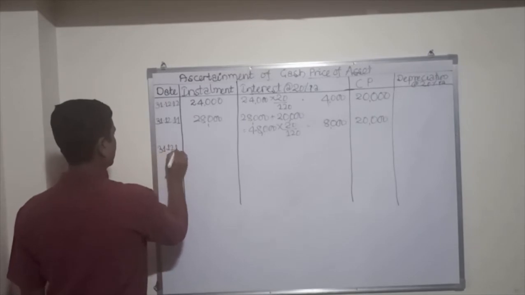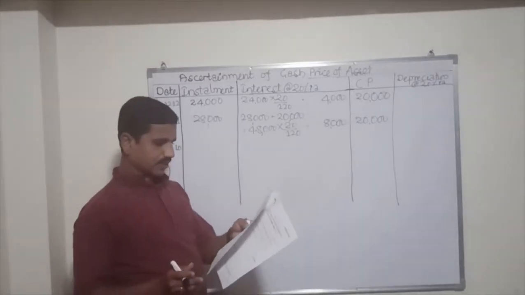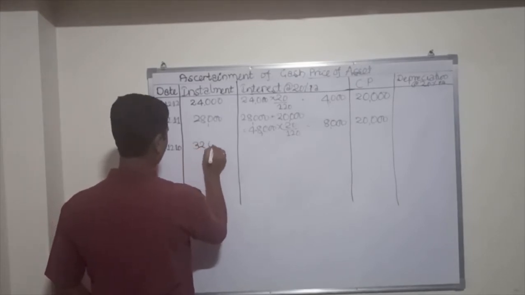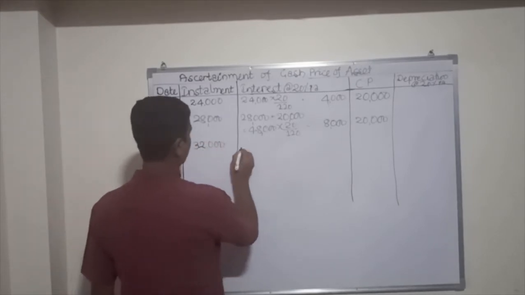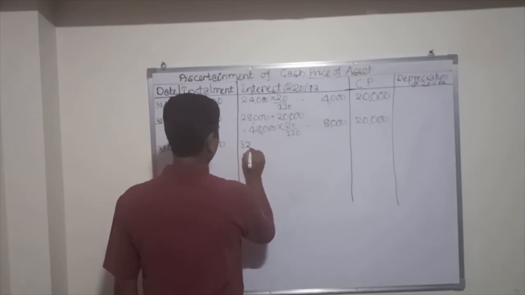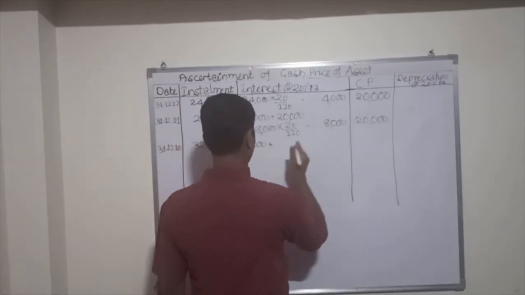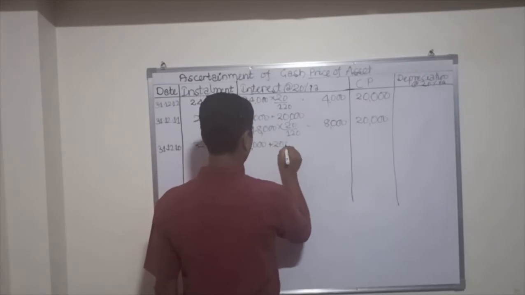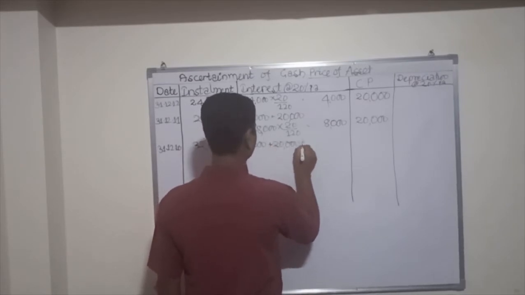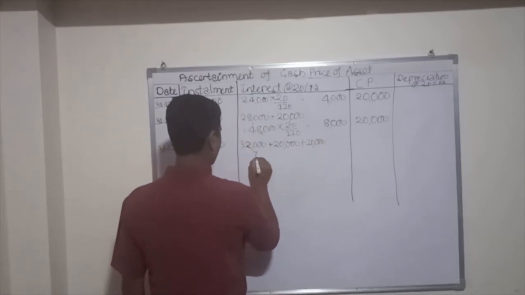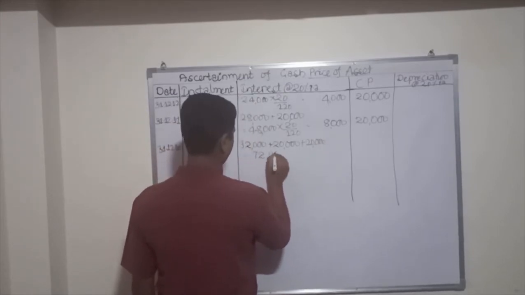Then on 31st/12/10, the installment which is given in the problem is 32,000. So 32,000 plus 20,000 plus 20,000, so the total will be 72,000.